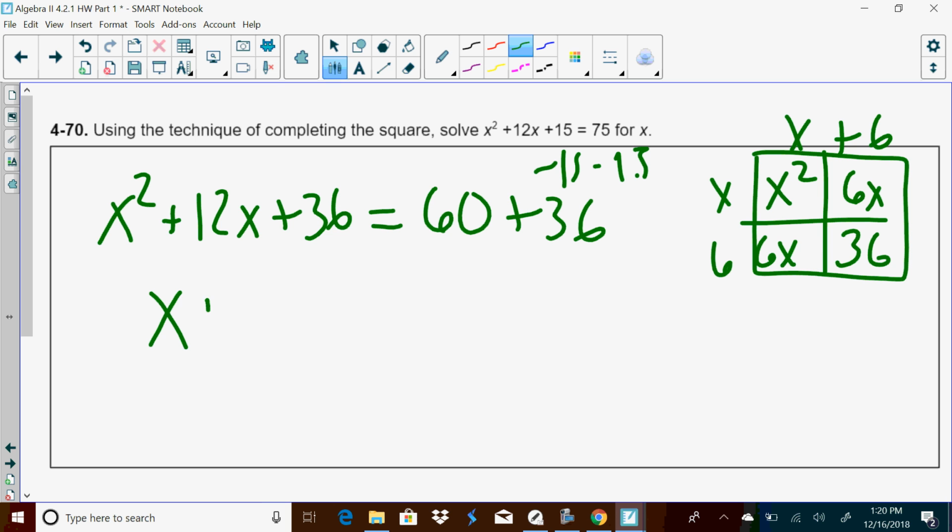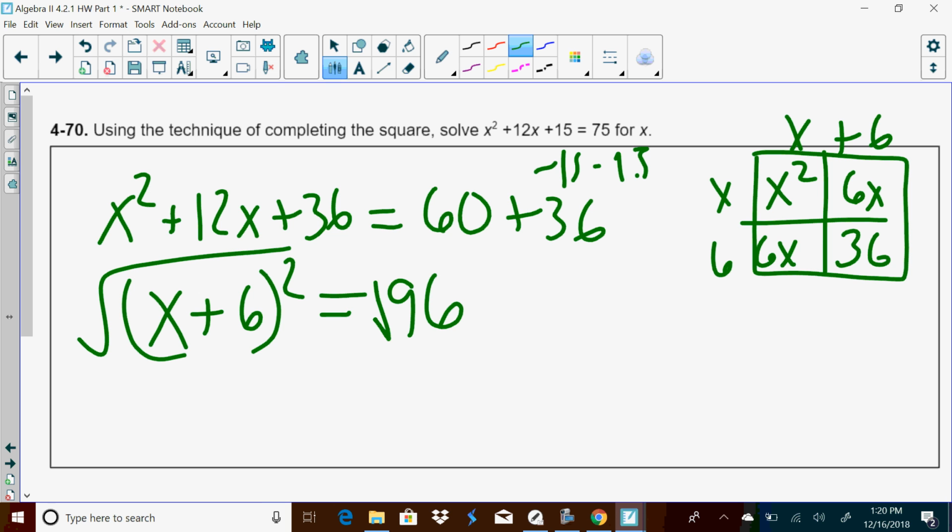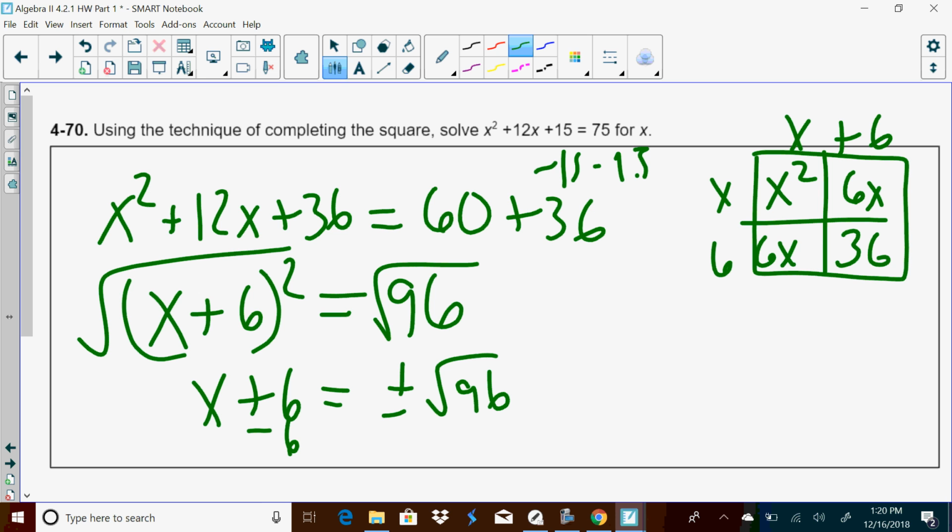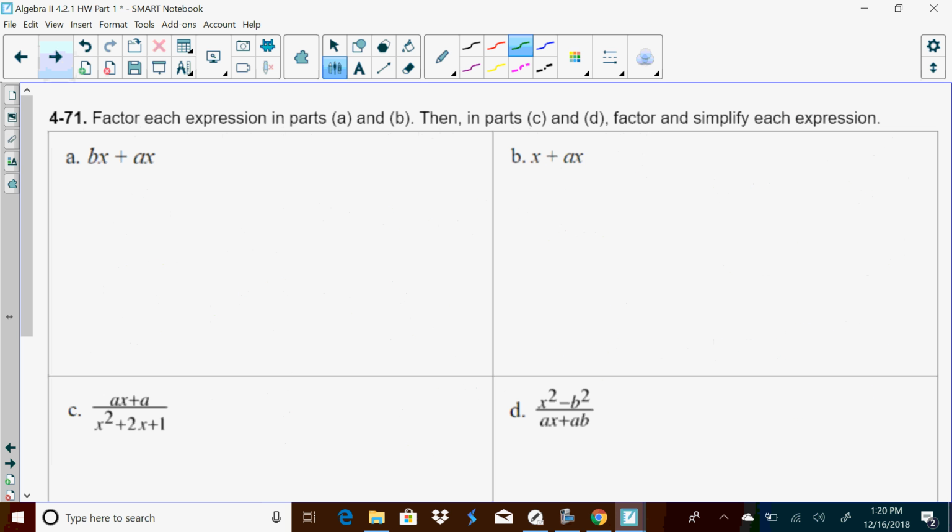So I get x plus 6 squared equals 96. Square root of both sides. So I get x plus 6 equals plus or minus the square root of 96. So I get x equals negative 6 plus or minus the square root of 96. And you can actually leave it right like that.